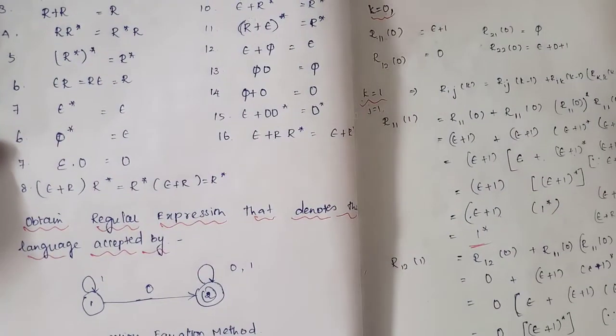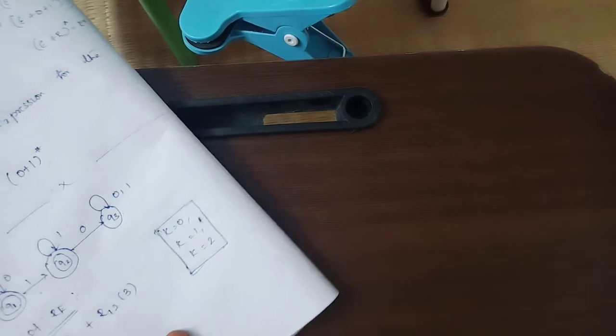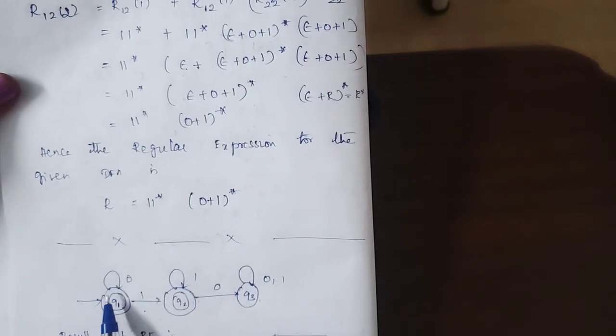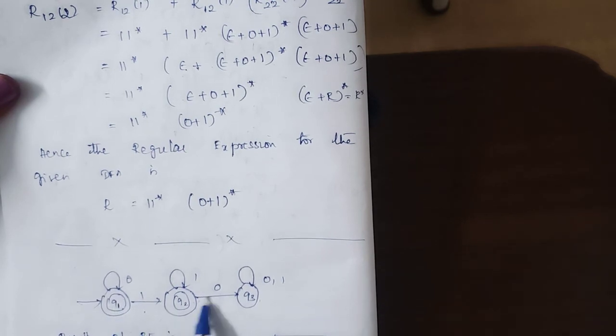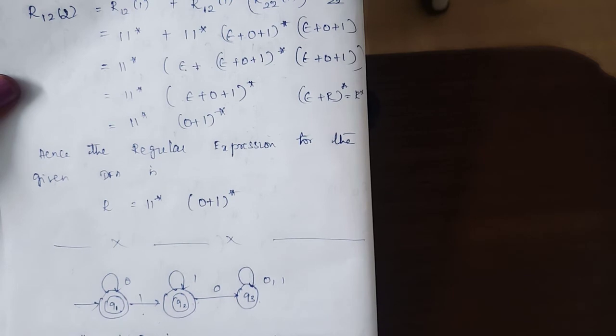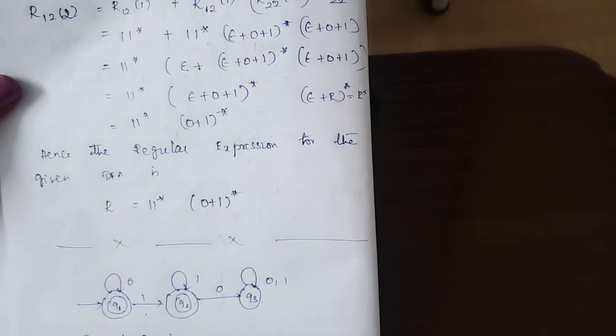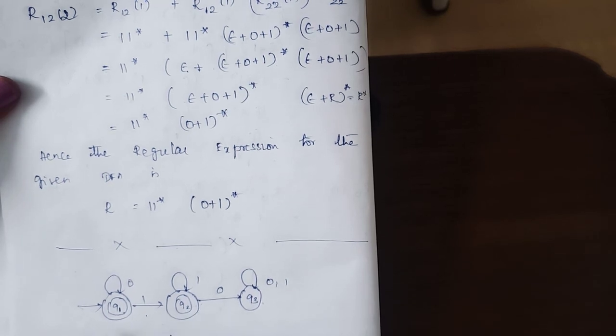And one more thing. When you have this kind of diagram, with two final states, if some problem comes like this, we will solve it by finding the same regular expression formula, but for this we are having two different final states.